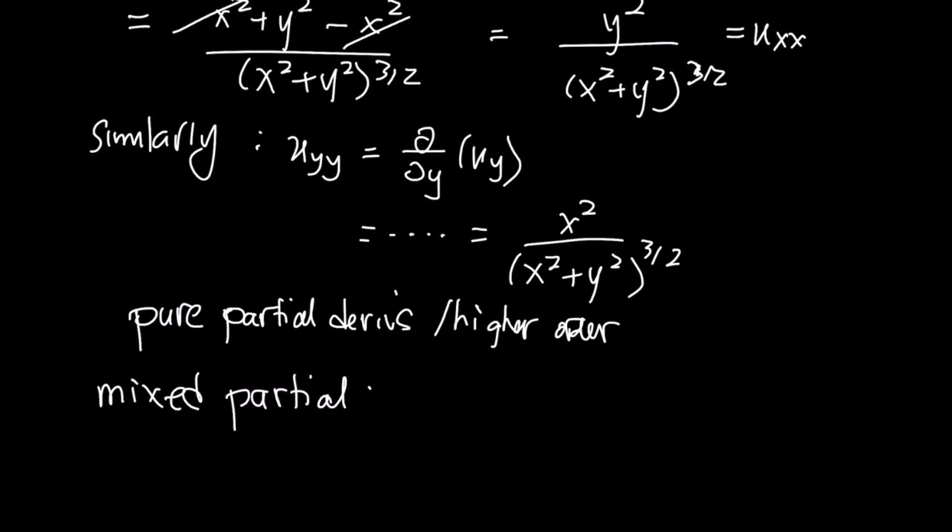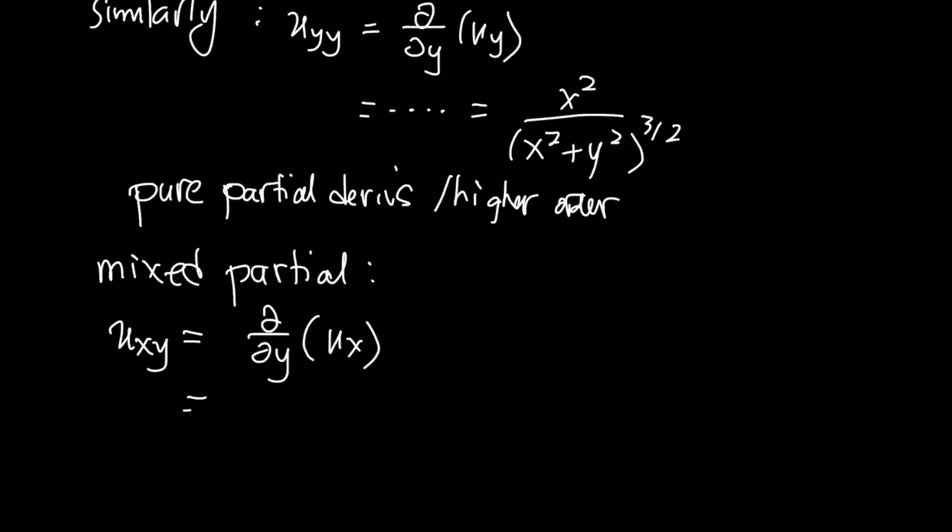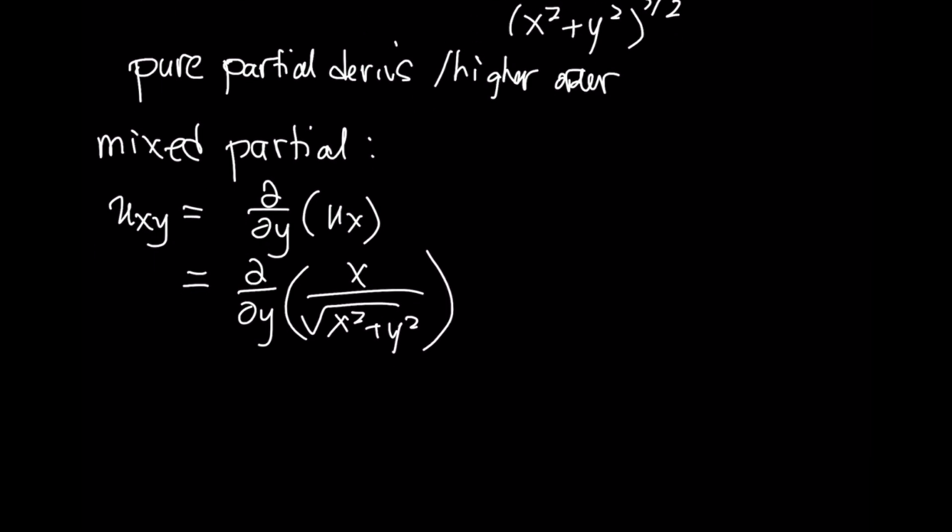That's like saying the following: uxy means take the y derivative of the first derivative with respect to x. So that means take the y derivative of this expression that we got, x over square root x squared plus y squared. With respect to y, this thing is a constant.